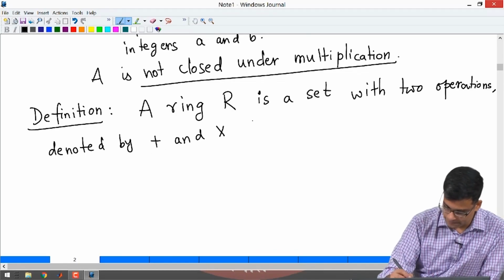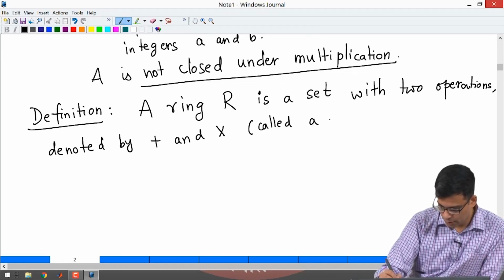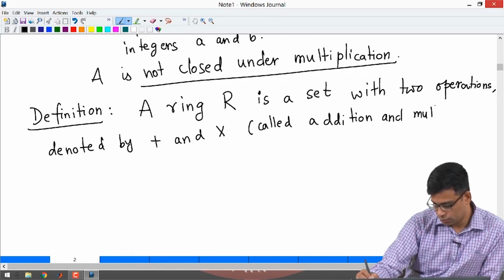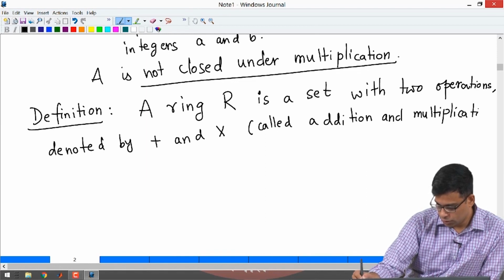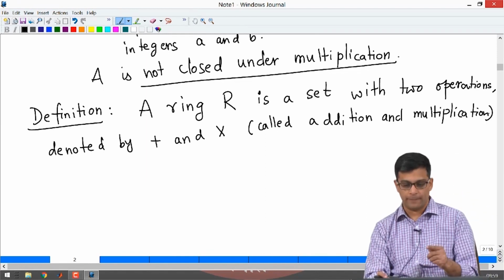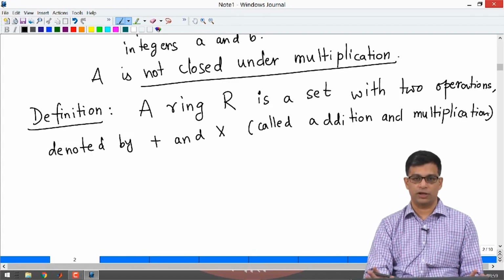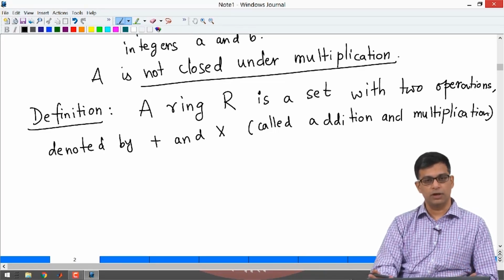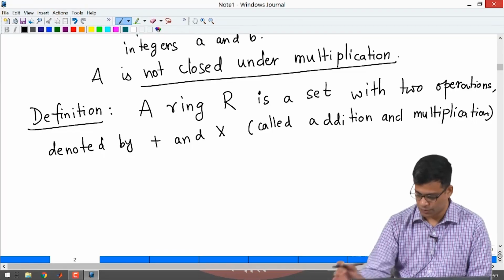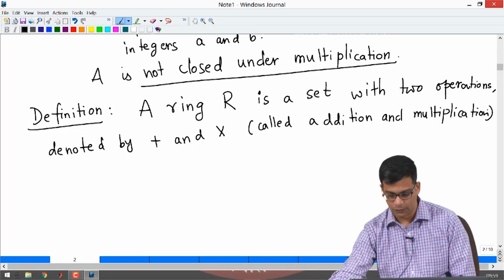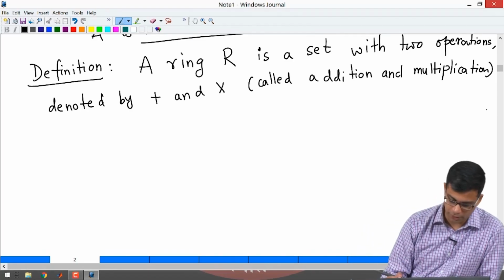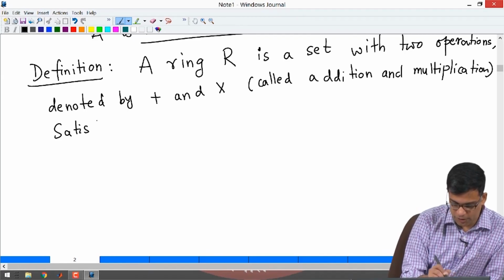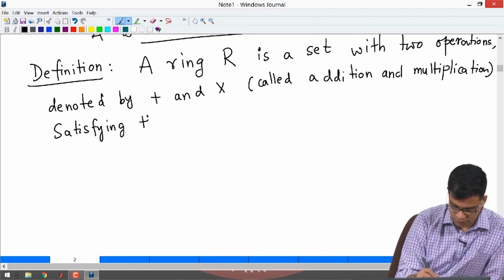These are called addition and multiplication. Okay. I want to emphasize also that it is just a convenient way of calling them addition and multiplication. It is not always the addition that we have learned in school, it is not addition of numbers or multiplication of numbers, it is an abstract operation. Okay. So, it is just convenient to call them addition and multiplication. Satisfying, so it has two operations that must satisfy the following properties.